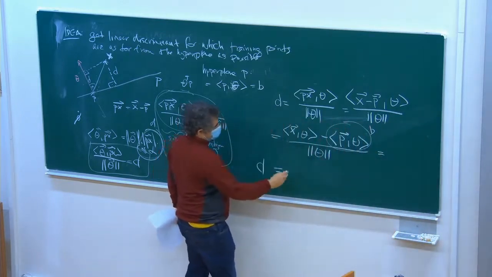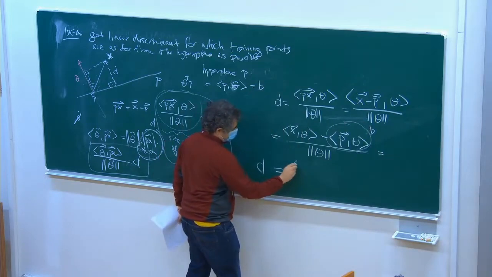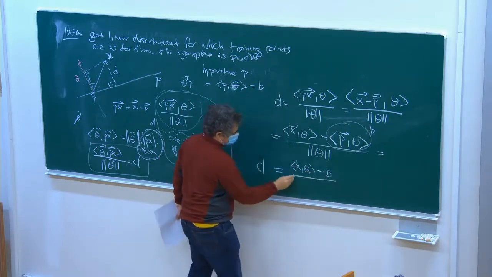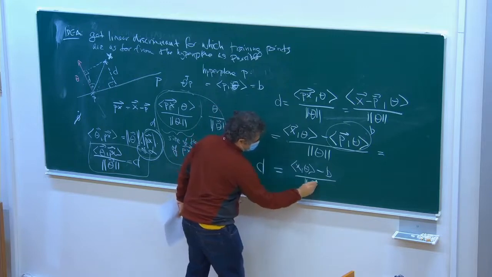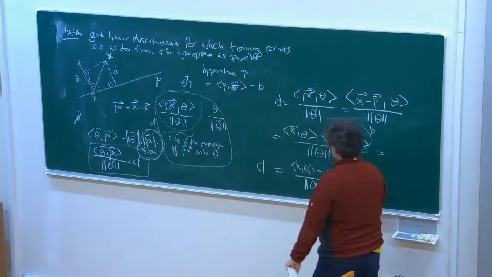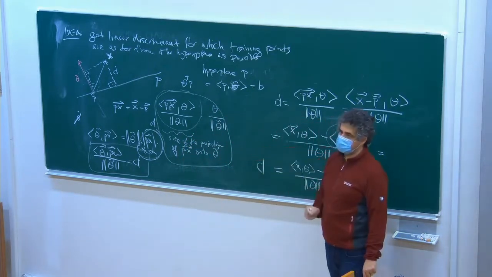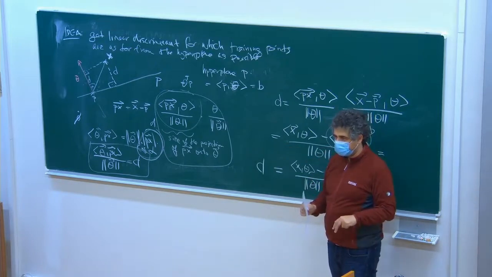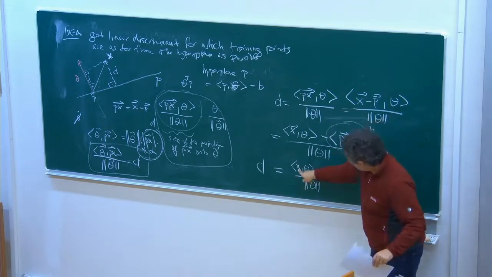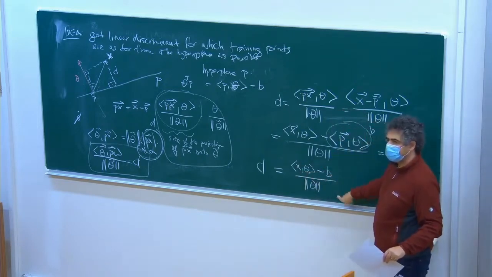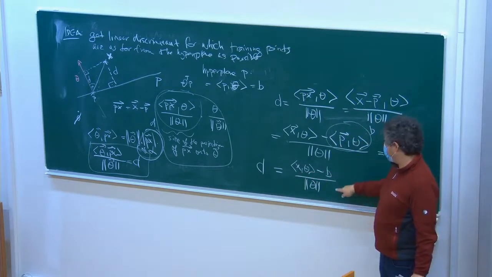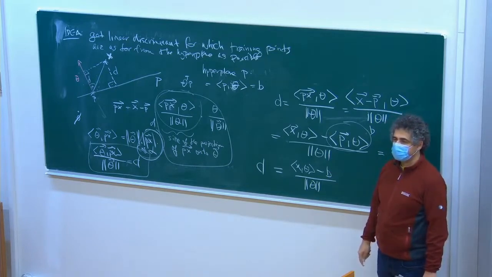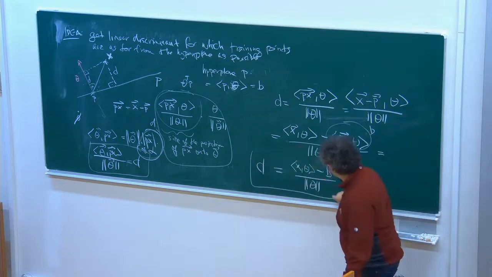So what I am getting is that the distance, which also contains the sign that I am on the left side or right side of the whole thing, is simply x theta minus b divided by the size of the vector theta. So this is what I will need.